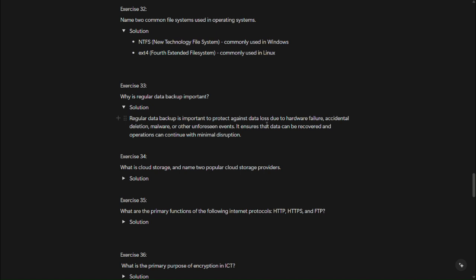It ensures that data can be recovered and operations can continue with minimal disruption. The backup is very important to our phones and our computers.